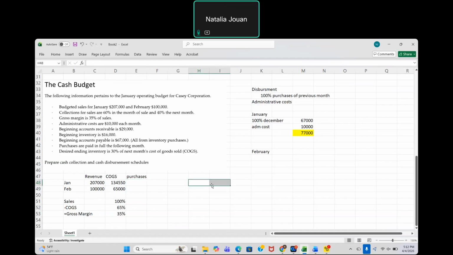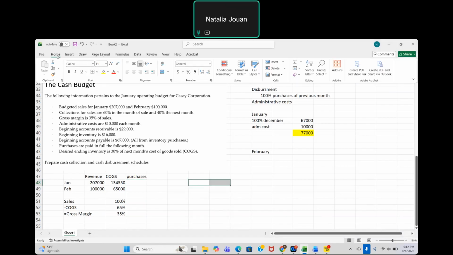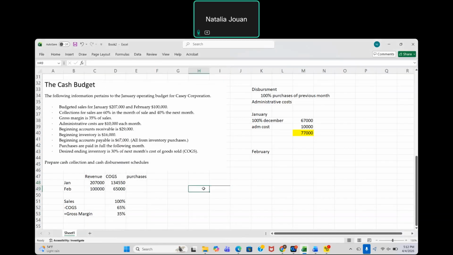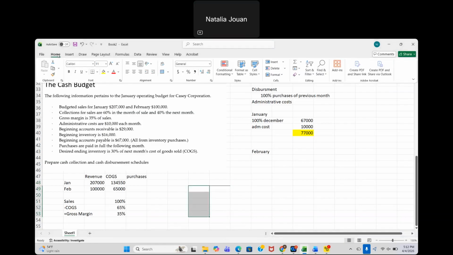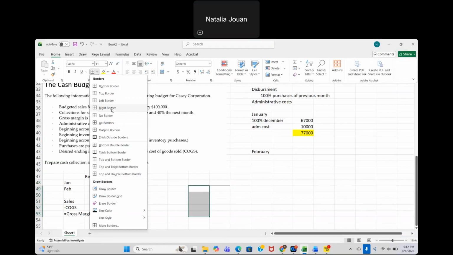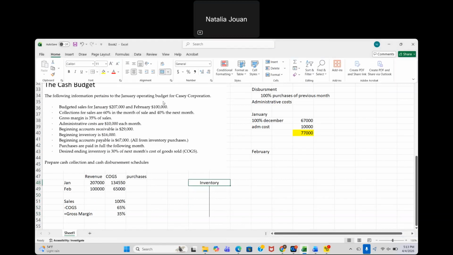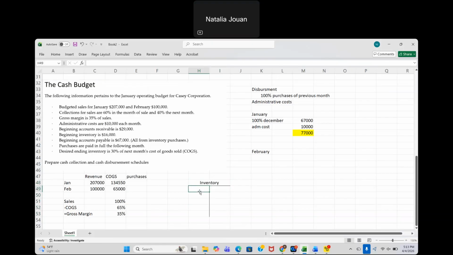Let's do our inventory account here and see how much we're going to be purchasing. This is going to be January.